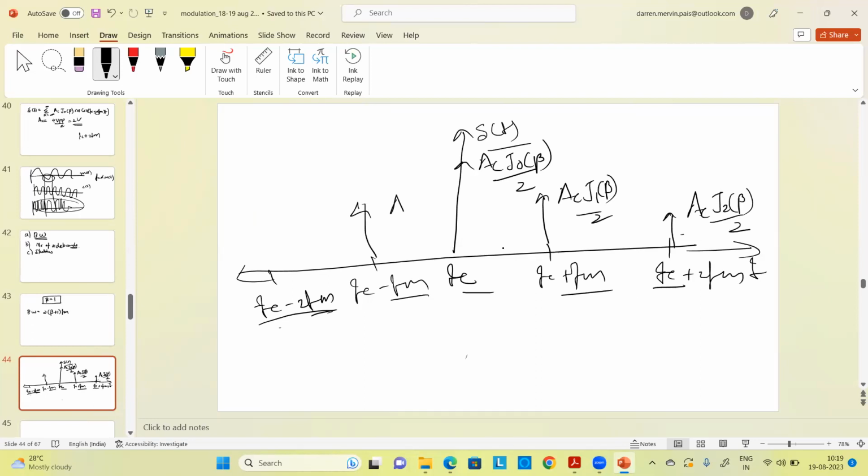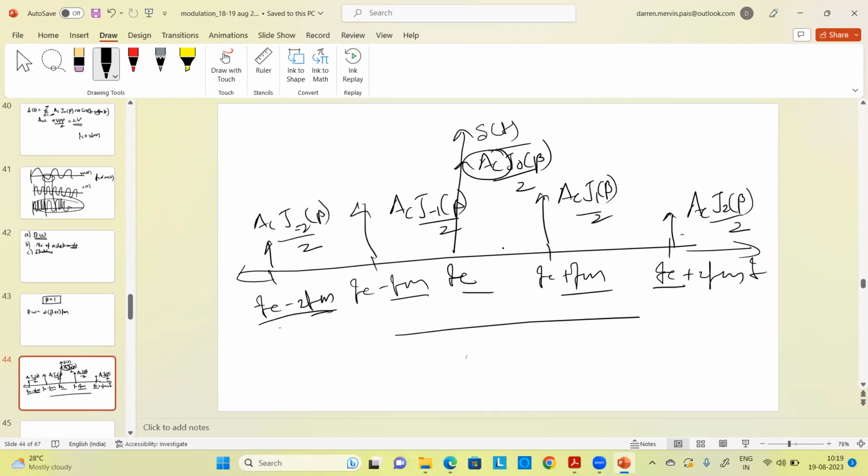This indicates Ac J2(beta/2). This indicates Ac J-1(beta/2). This we learned in the last class, right? Ac J-2(beta/2). So that's it. What is the value of Ac? Ac value is 2. Just put those values over here and you will get the graph. Simple.